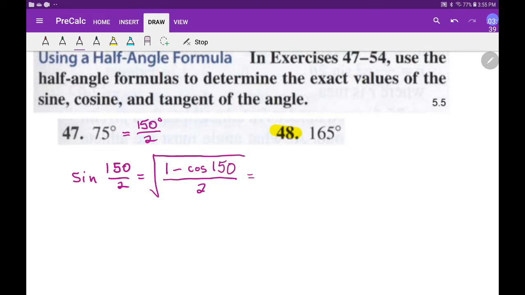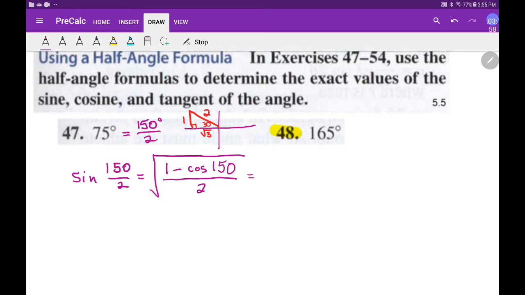Okay, so what do we get here? If we need to draw it out, here's where it shows up. 30 degrees in quadrant 2 is 150. Okay, so we get 1, square root of 3, and 2.